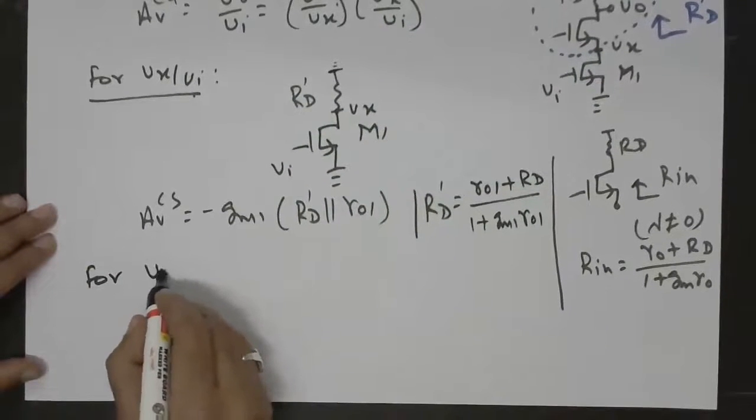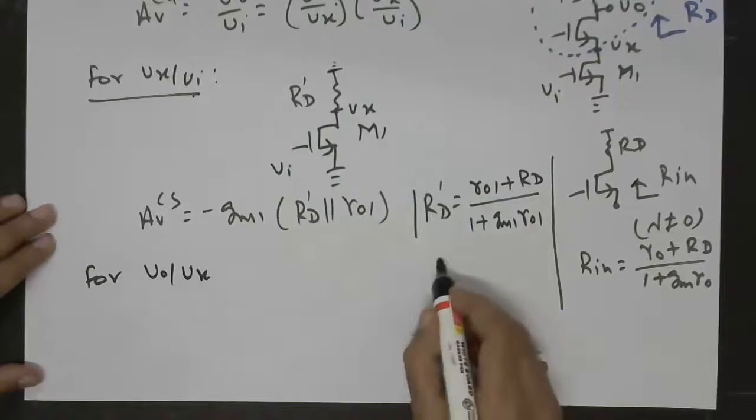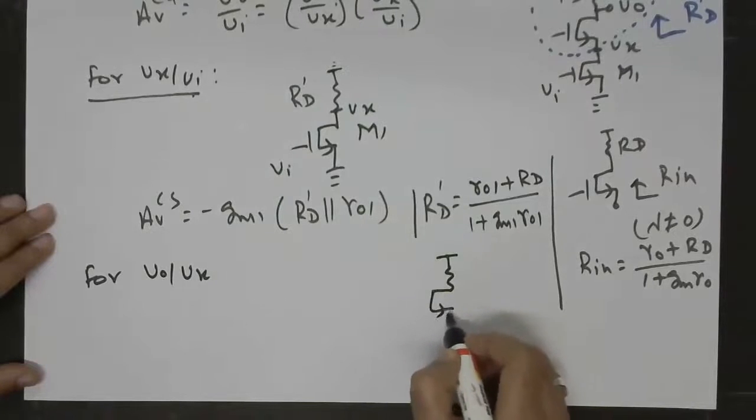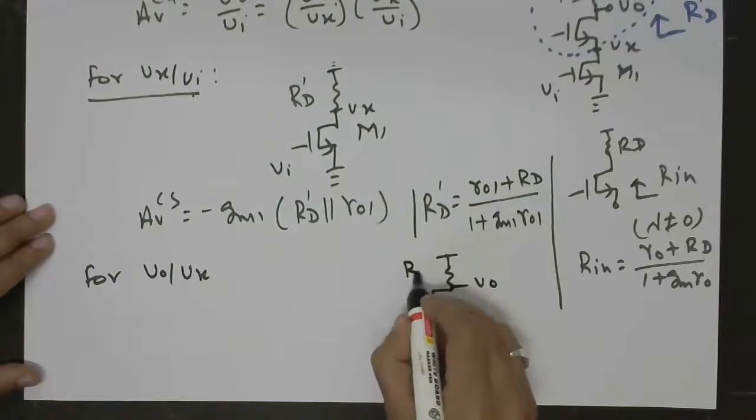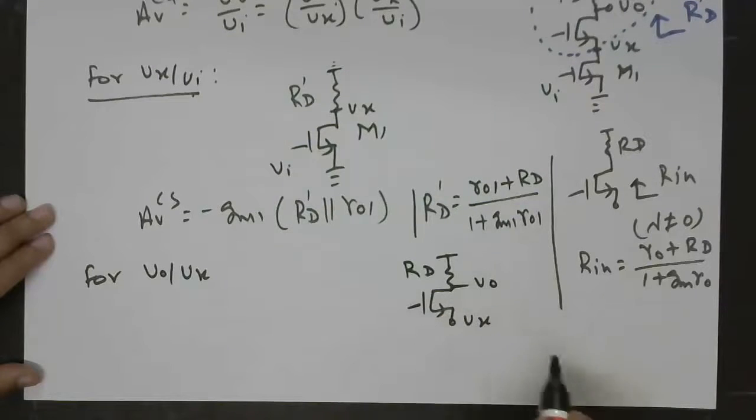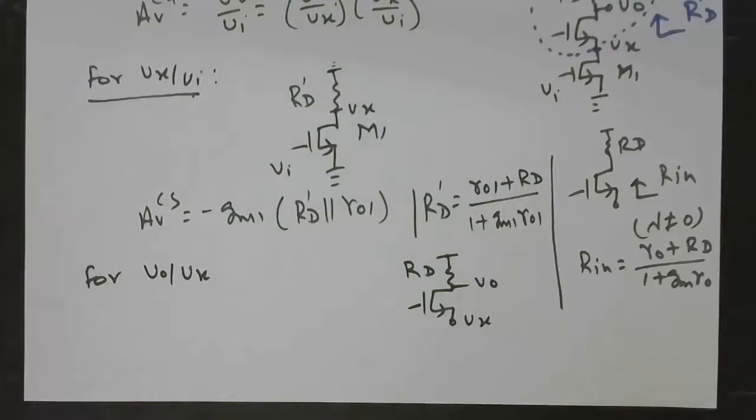Now for this second factor, Vo by Vx, our circuit is like this. Here you can see that we have a simple common gate configuration, and in this case, we can find out the voltage gain of this circuit.